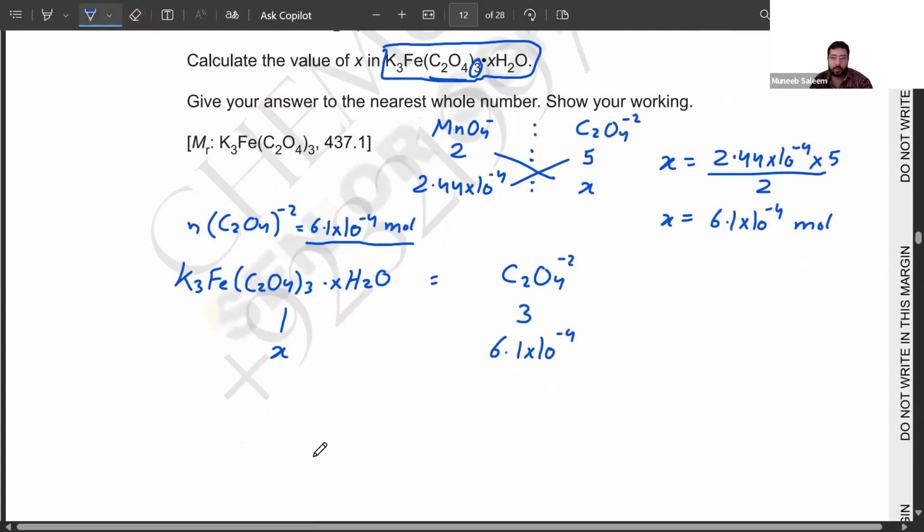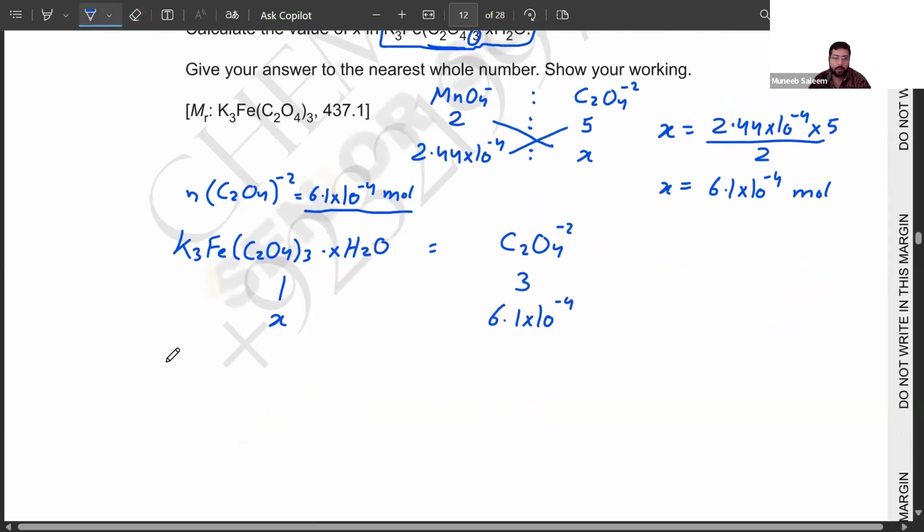So now, if you calculate X, X will simply be 6.1 times 10 to the power minus 4 divided by 3. This time, the value will be equal to 2.03 times 10 to the power minus 4 mole.